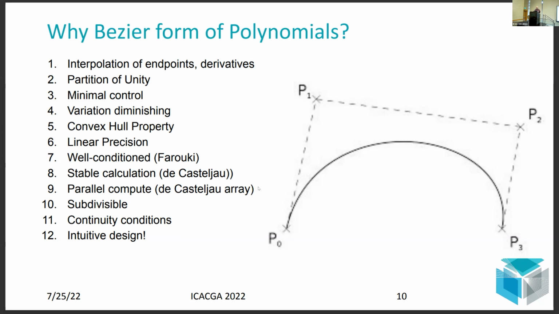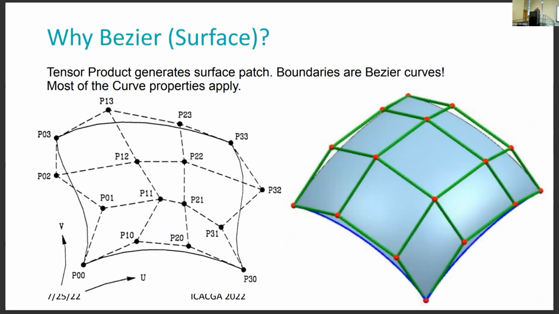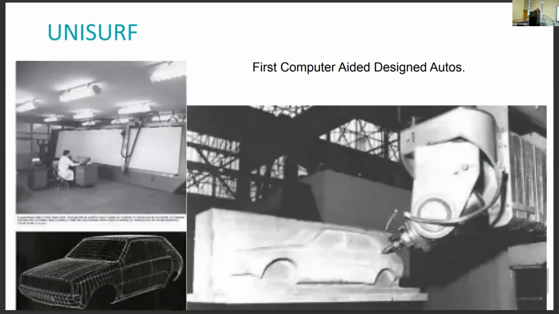So what happened? Oh yeah, and the surface, I'm not going to get into the details of this, but the tensor product surface of these Bezier curves, all of its boundaries are Bezier curves. It's a sweep. The Bezier curves from the internal control points sweep out a new set of control points that give you more Bezier curves. So it's basically just a fiber bundle of Bezier curves everywhere. So if you know the curve, you know the surface. Very nice all the way around.